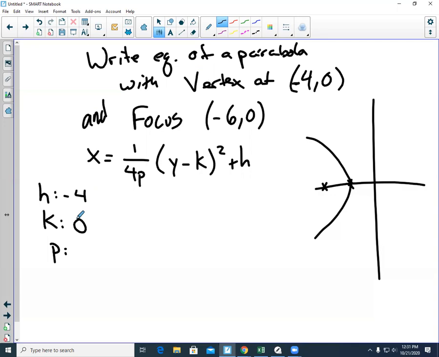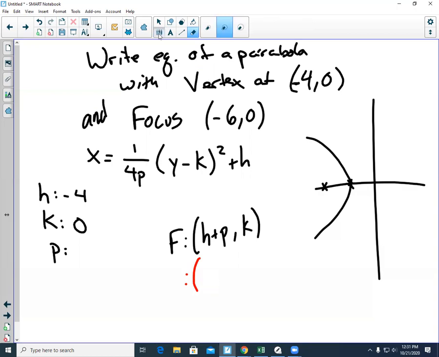The focus is given to us by the point (h plus p, comma, k). So I can change this because I already know what h is and what k is. So I would say -4, I don't know what p is so I'm going to keep p the same, and then k would be 0.